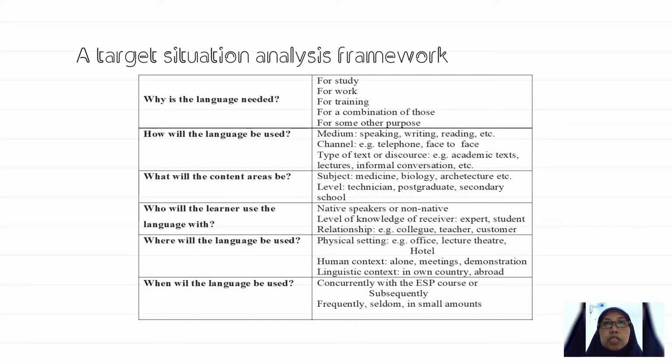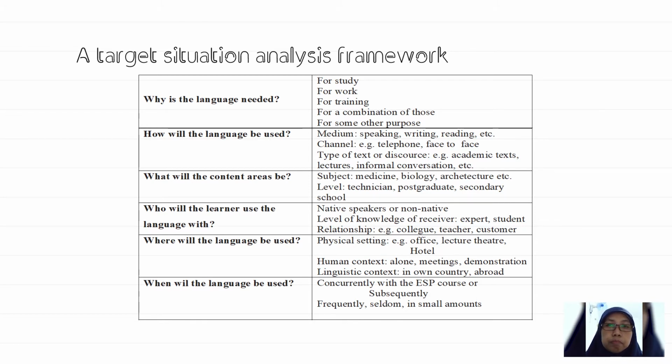The first question is, why is the language needed? Maybe it is for study, for work, for training, or for a combination of those, or for some other purpose. The next question, how will the language be used?